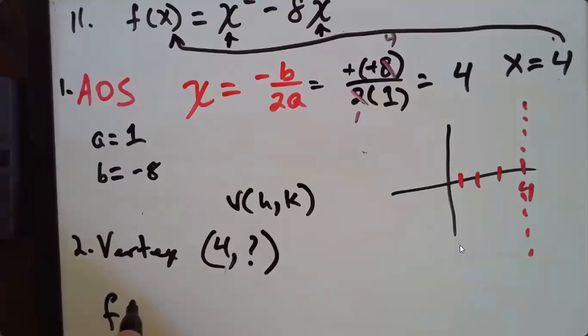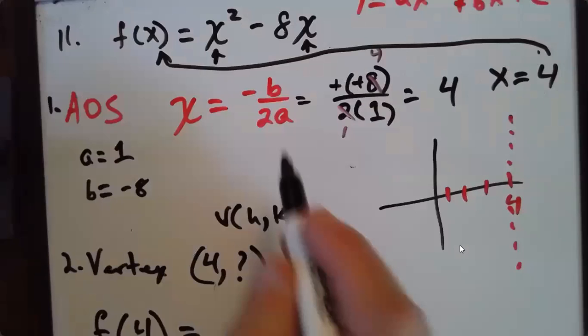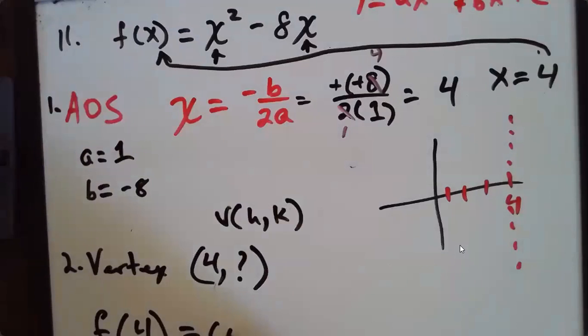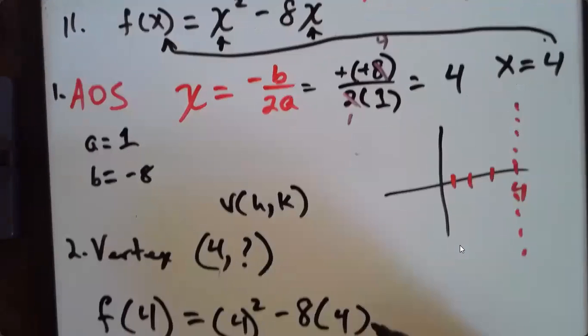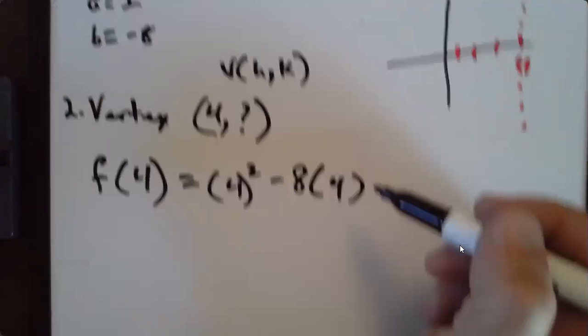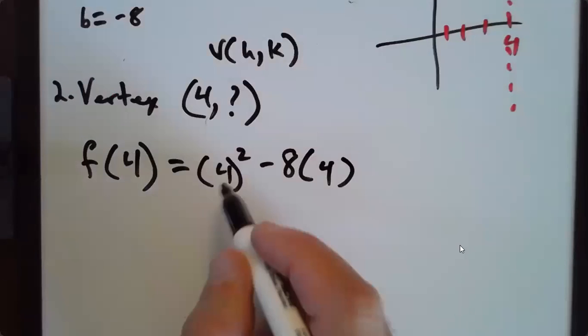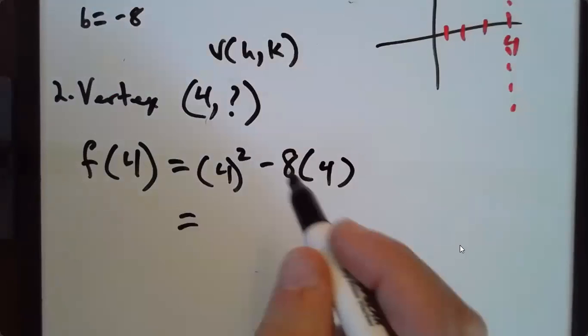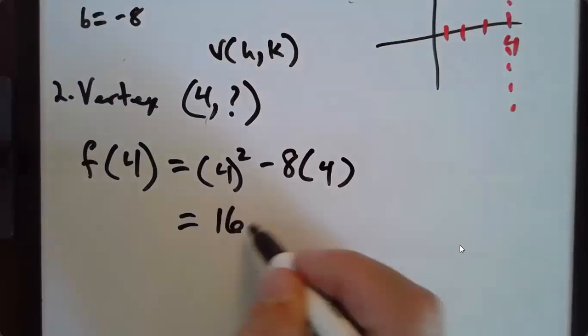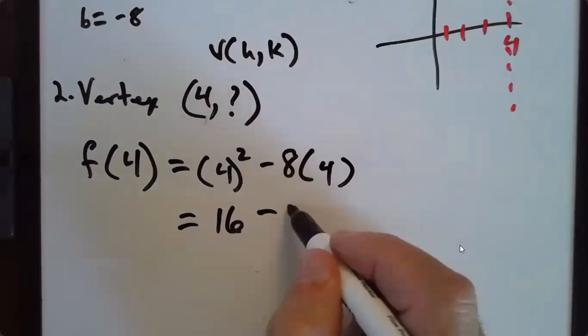So you take 4 and we substitute back into our function to find the vertex. So this will be 2 times 4 squared minus 8, and then where the x is, put parentheses and substitute 4. And so 4 squared is 16, minus 8 times 4 is 32.